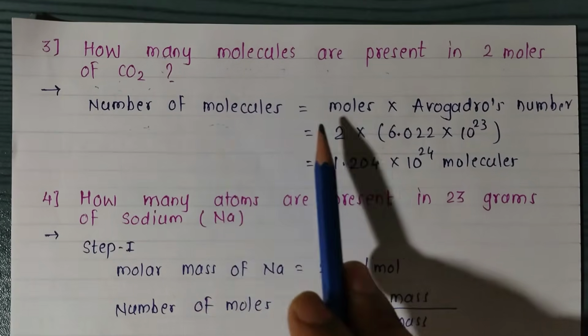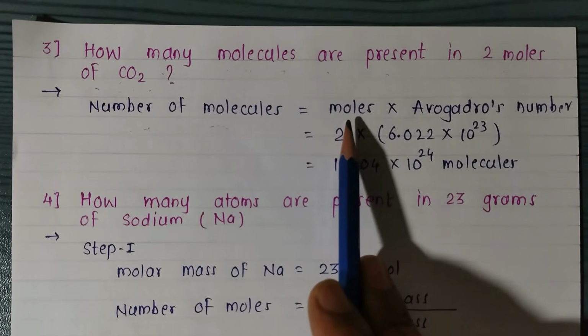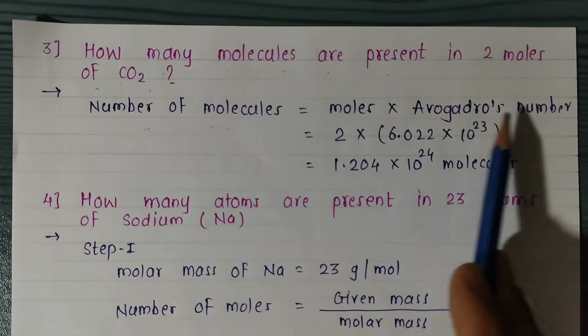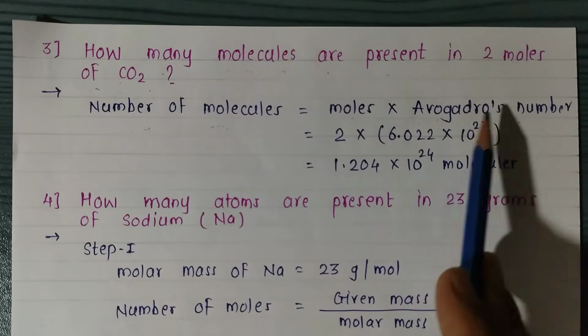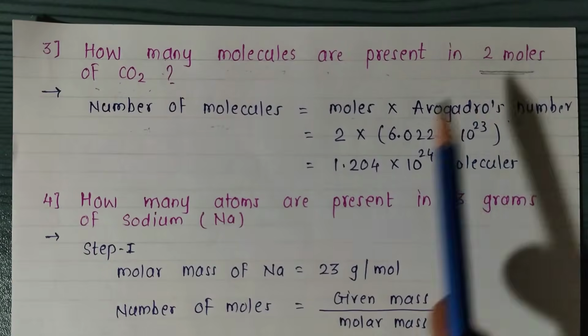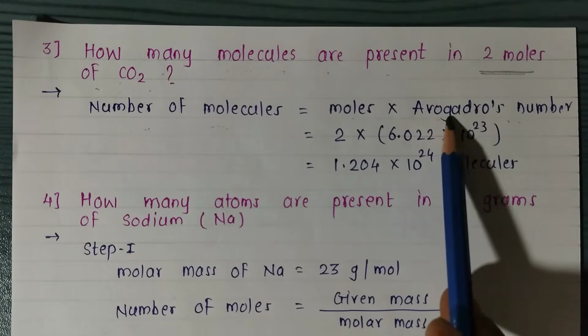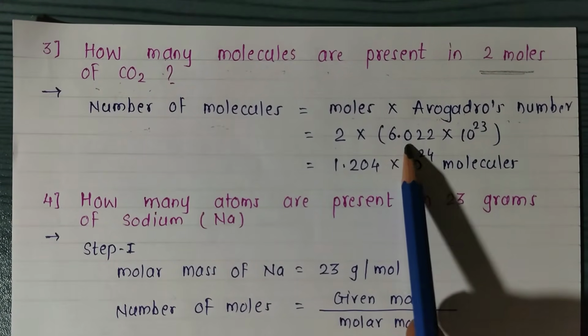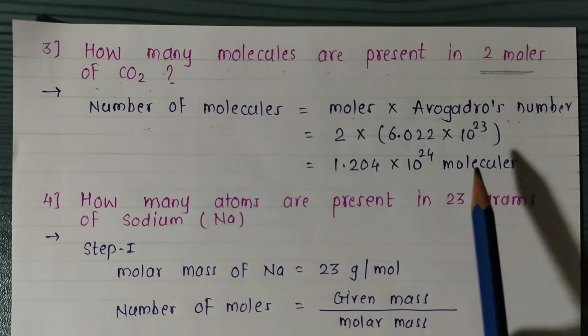The formula to calculate the number of molecules is moles into Avogadro's number. Here the moles are given, 2 moles, and the value of Avogadro's number is 6.022 into 10^23.